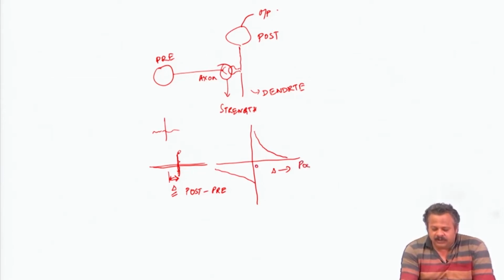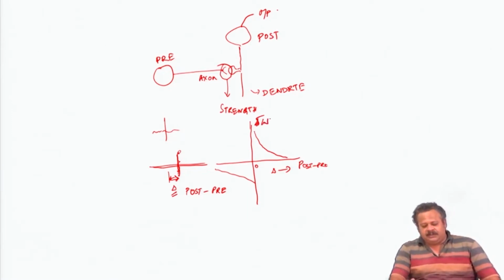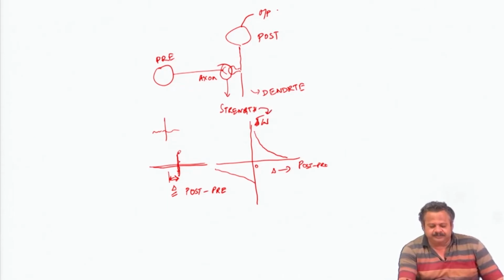So post minus pre, and this is the change in weight of the synapse. This is the synaptic strength change.